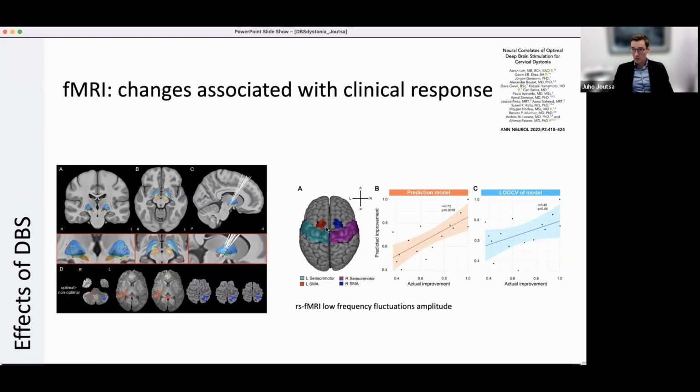And using a model with responses in sensory motor cortical regions and SMA, they were able to predict symptom improvement in these patients, showing that the remote activations with DBS seem to be relevant for therapy.